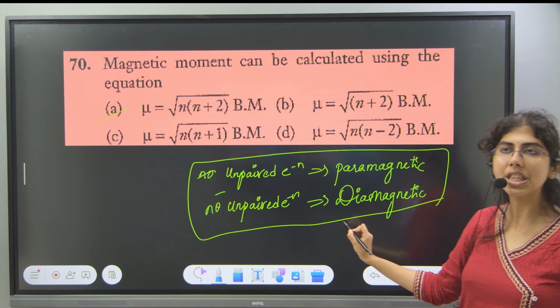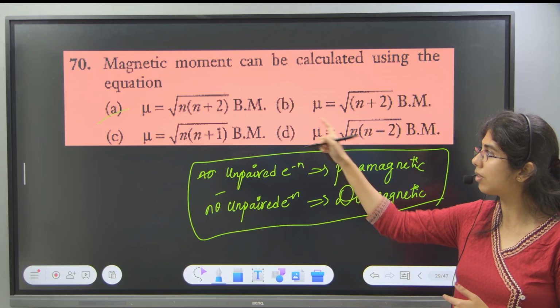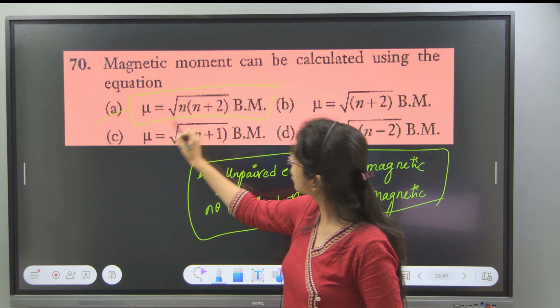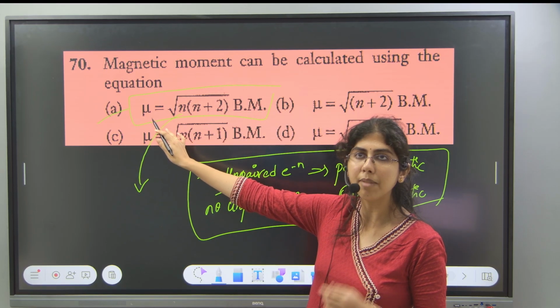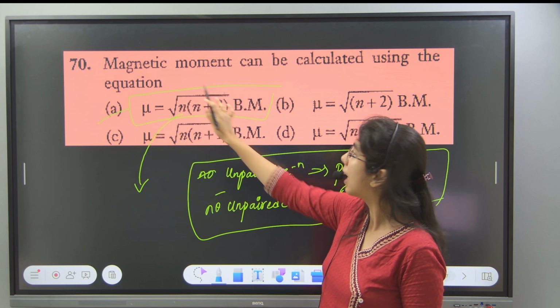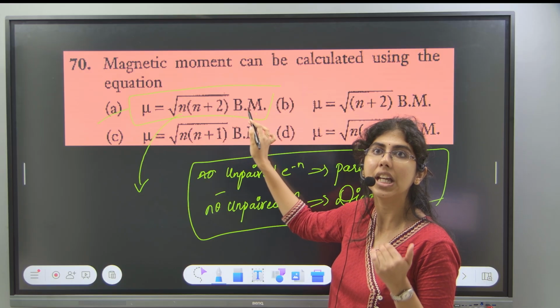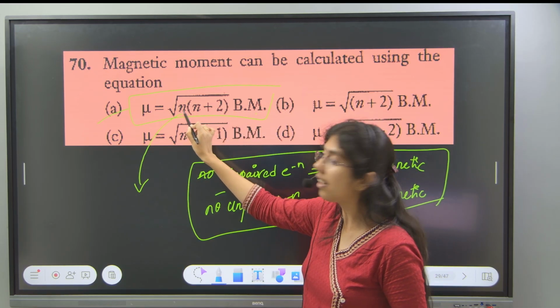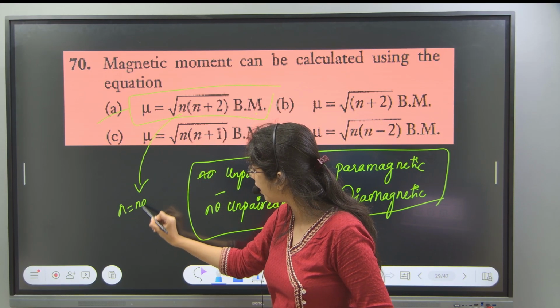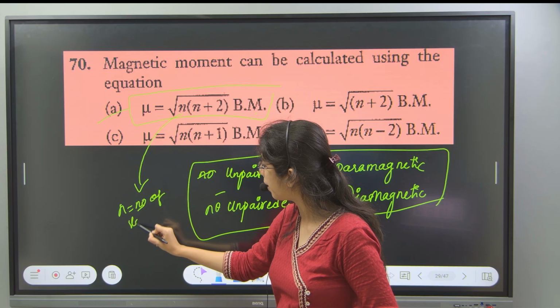We shall keep this in mind and try to answer questions based on this. For your understanding, remember this is the equation which we use to find out magnetic moment, and Bohr magneton is the SI unit. The n over here stands for the number of unpaired electrons.